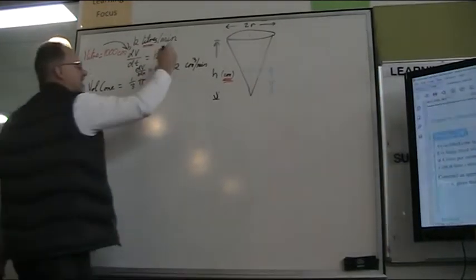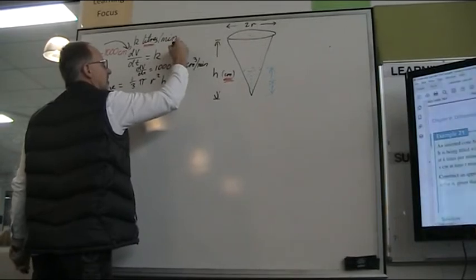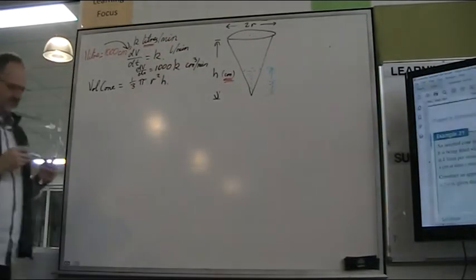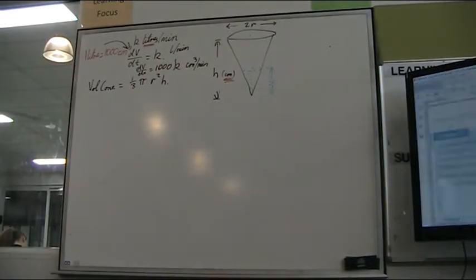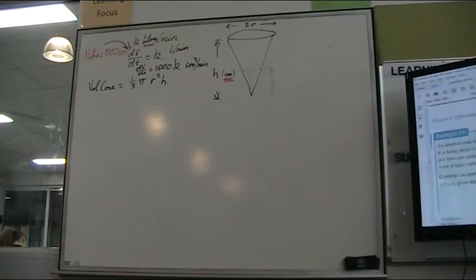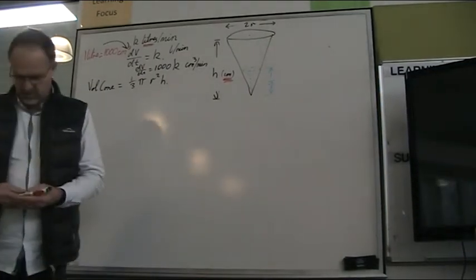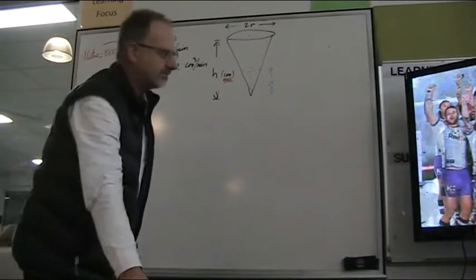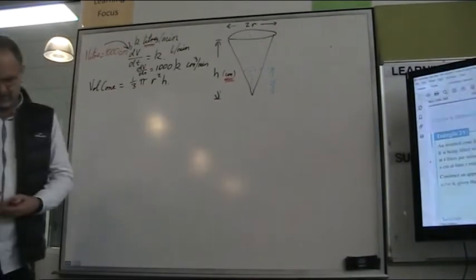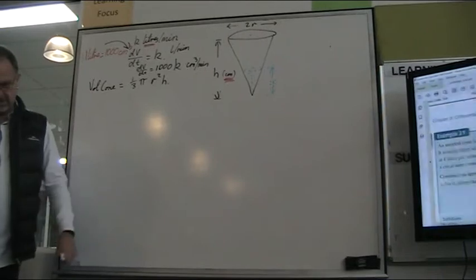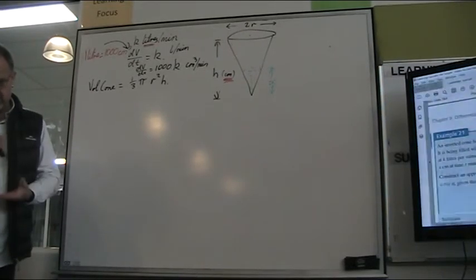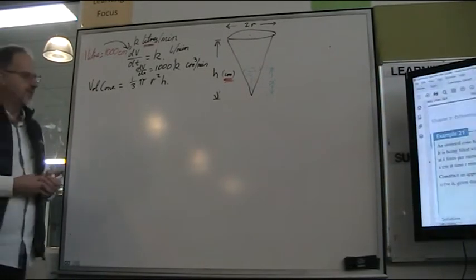K is in litres per minute, times that by 1,000, because there's 1,000 cubic centimetres in a litre, and we've got 1,000 K. So we'll get to that. What else do we know here?